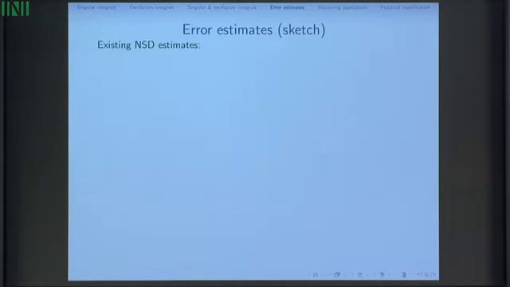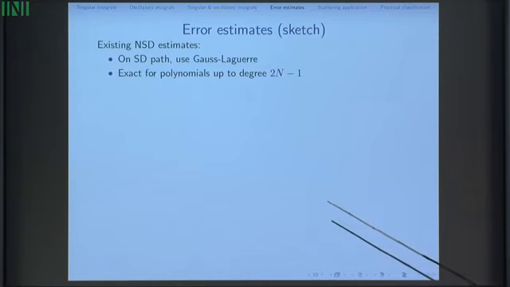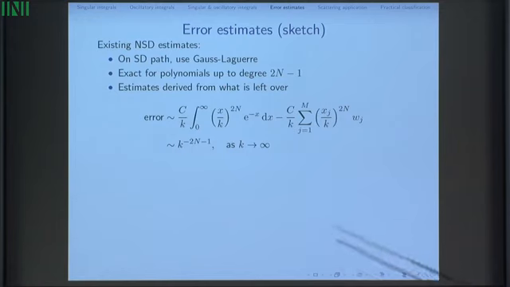In terms of deriving error estimates, the easiest way to do this is to think about where standard NSD estimates come from. Recall that on every steepest descent path, we're using Gauss-Legendre quadrature, and we know that this is exact for polynomials of up to degree 2n minus 1. The estimates are derived from what is left over.